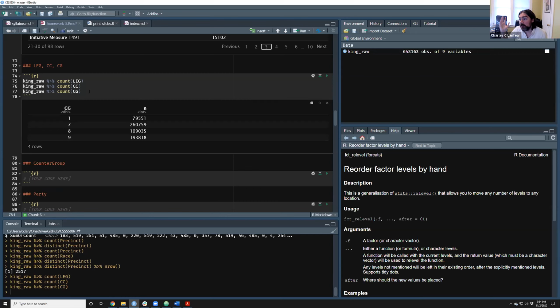Who knows what these things are? These are examples of columns that aren't useful to us for the analysis we're interested in. I forget what CC is, it's like court circuits or something like that. And CG, I forget what CG is. Not useful to us, okay?